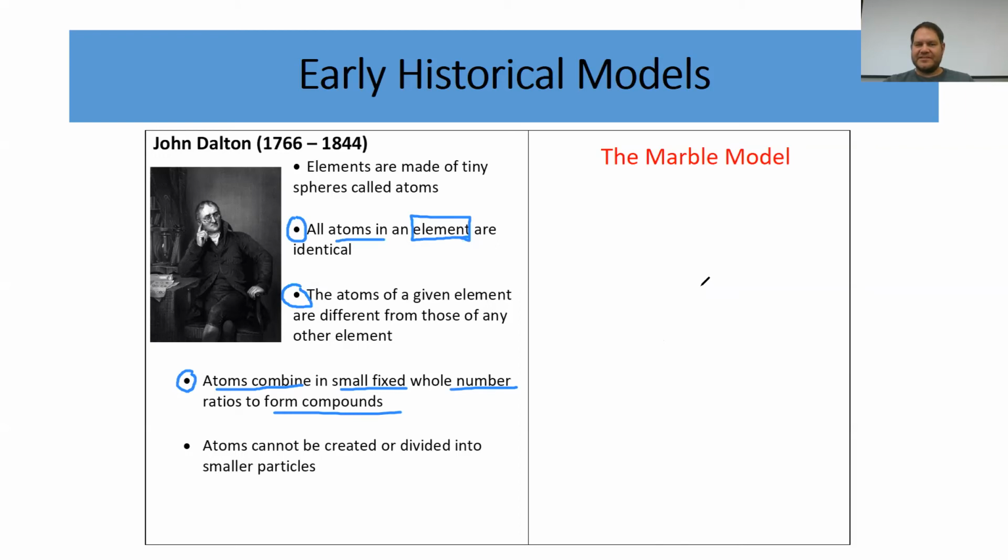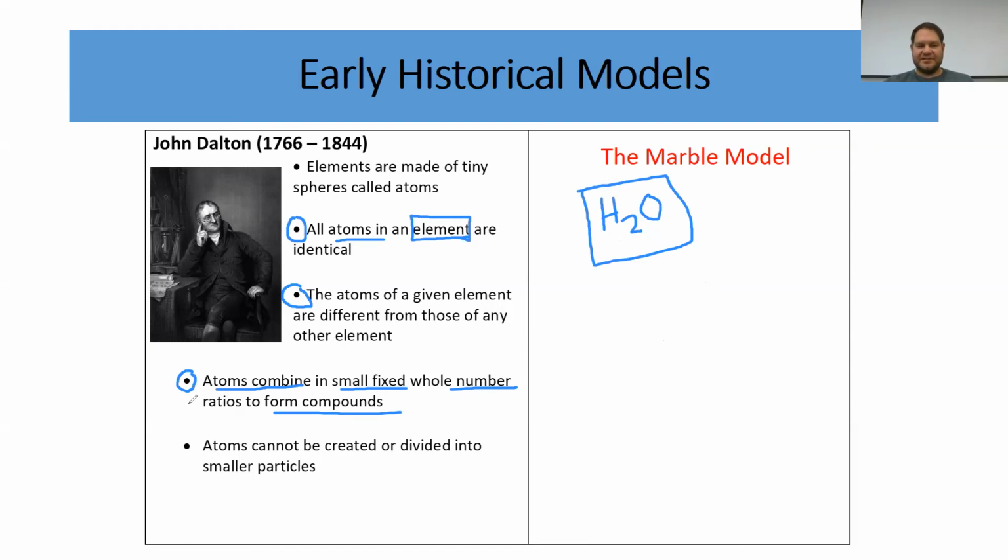Well, John Dalton's thinking the same thing, except that these atoms are going to come together in a fixed ratio. So, for instance, water being made up of hydrogen atoms and oxygen atoms comes in the ratio of 2 to 1. And so really John Dalton is the one that's going to get us started with these fixed ratio ideas, that atoms combine in fixed whole number ratios. Okay, so he got that one right.